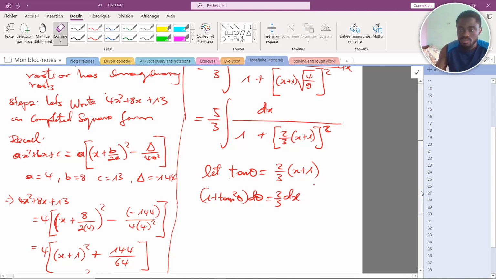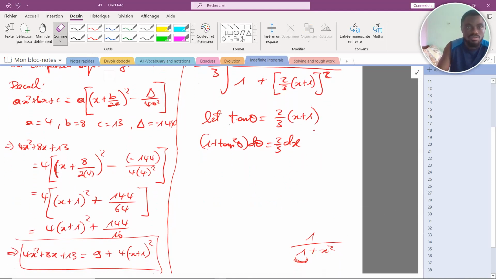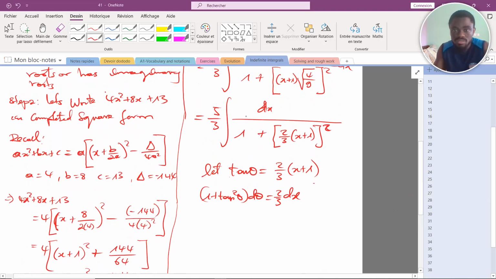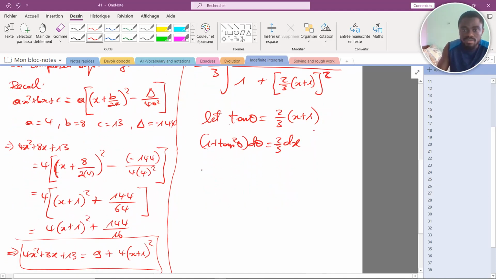So let's proceed. Let me wipe this. Now we are to make dx the subject because we shall substitute it here. From here, my dx will be equal to 1 plus tan squared theta times d theta all over 2 on 3.